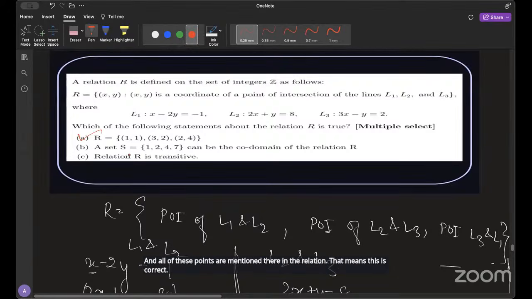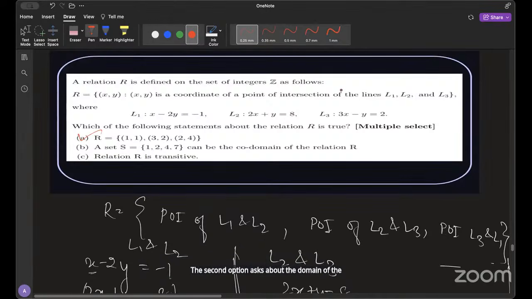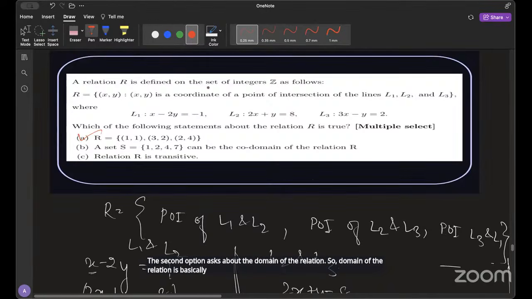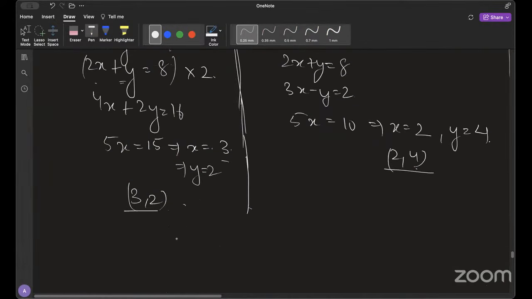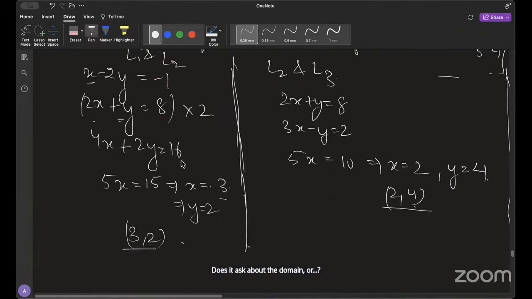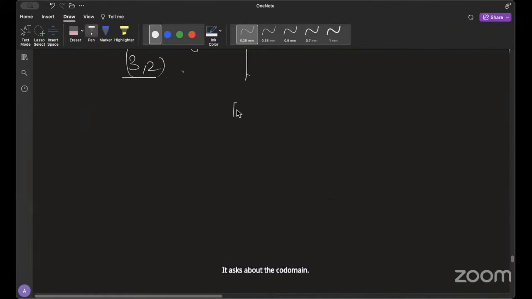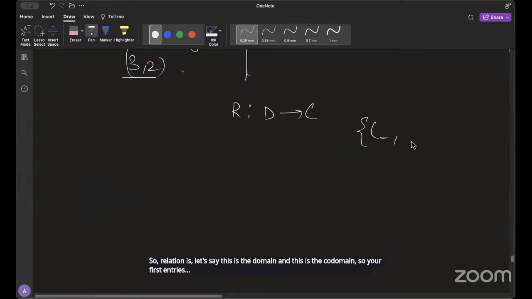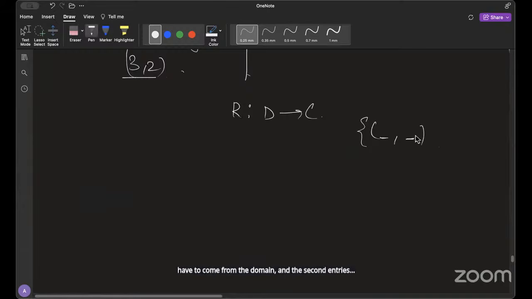The second option asks about the codomain of the relation. A relation has a domain and a codomain. Your first entries have to come from the domain and the second entries have to come from the codomain.